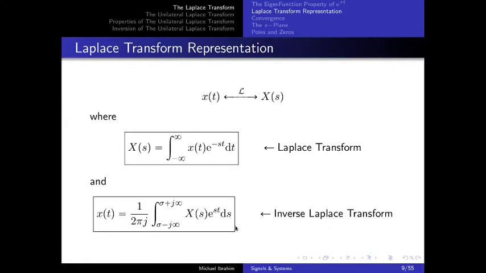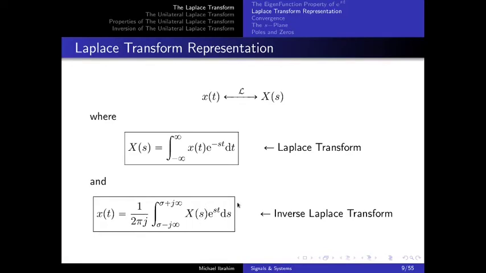But even so, let's take a closer look at this equation. Considering that integrations are sort of summations, this equation is simply saying that x of t, the time domain signal, is represented as a summation of e to the power st, and every e to the power st has a weight, X of s.